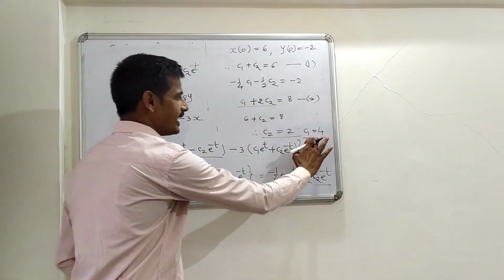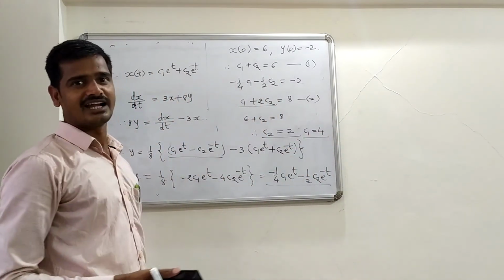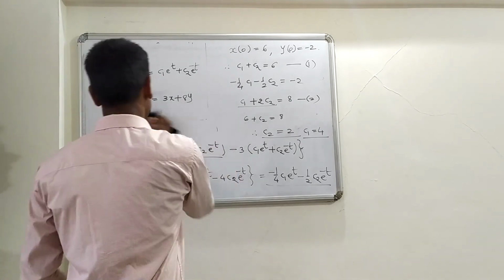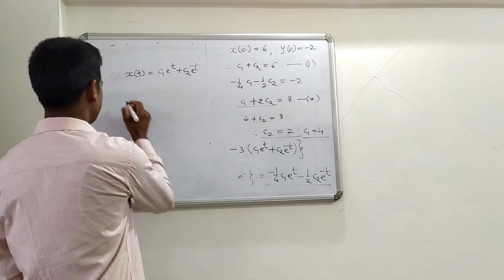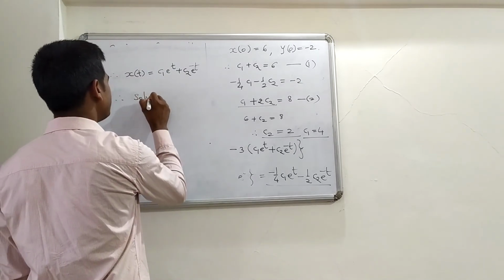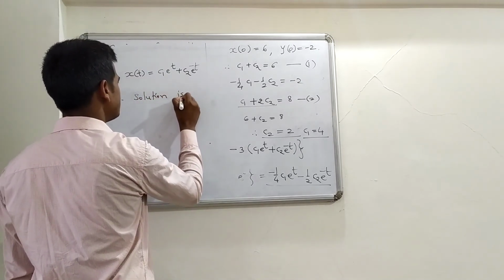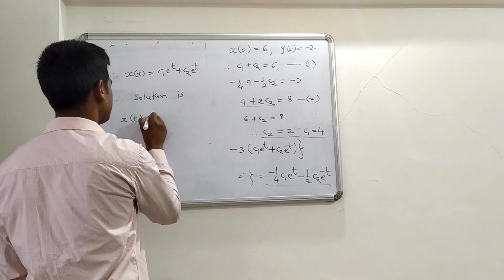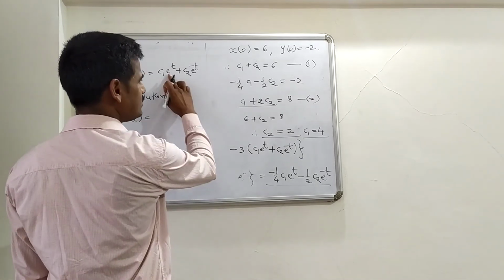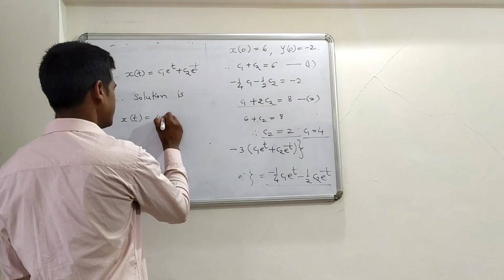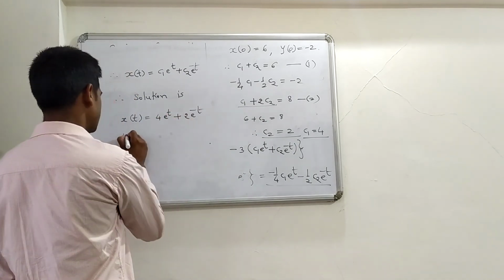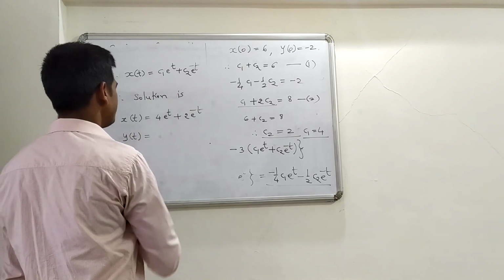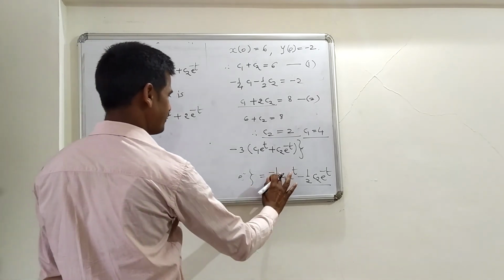So finally you write the values of x and y in terms of t. Therefore the solution is x(t) = c1 e^t + c2 e^(−t), so 4e^t + 2e^(−t), and y(t) = −1/4 c1 e^t − 1/2 c2 e^(−t).